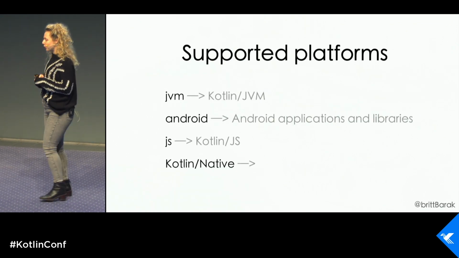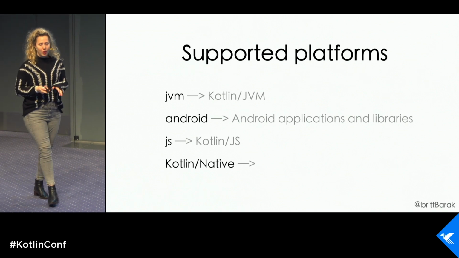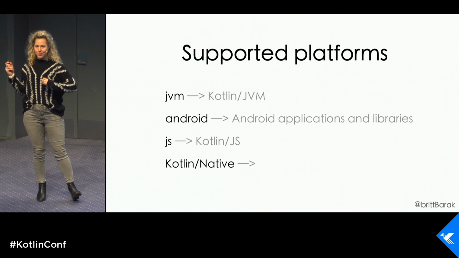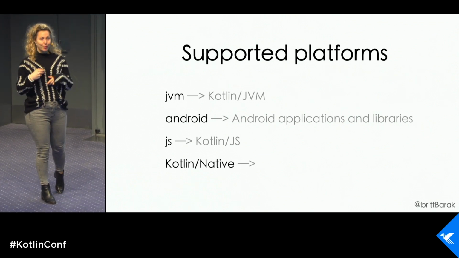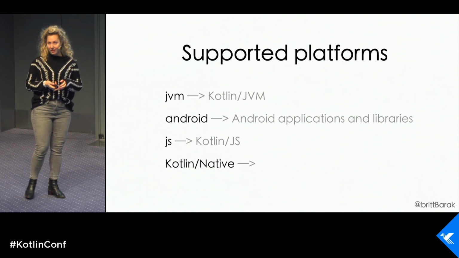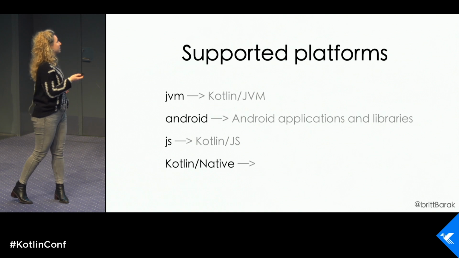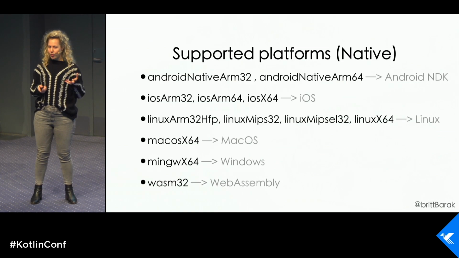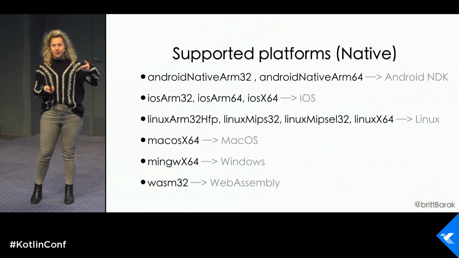So there's a list of the supported platforms, with the name of each platform that we can use and add to the Gradle when we set the targets that we choose. So the JVM, Android, JS, as I mentioned before, and the native, these are currently the supported platforms in native.